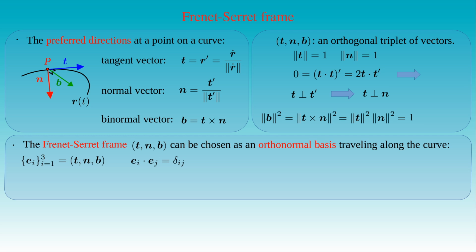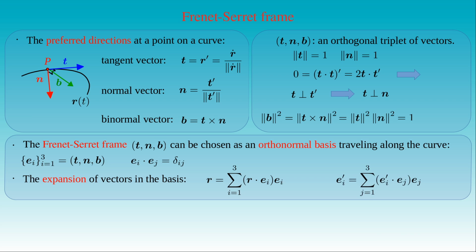If we expand the vector r in this orthonormal basis, we can write r as the linear combination of the basis vectors, where the expansion coefficients of the basis vector E_i are given by their dot products with r. We can also expand the derivative of the basis vector E_i with respect to the arc length in the basis itself. Here the expansion coefficient is equal to the scalar product of E_i prime and E_j.